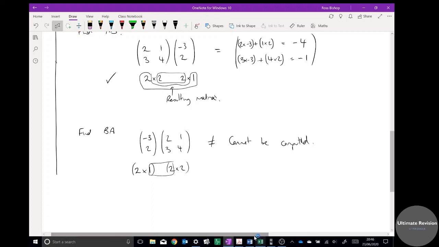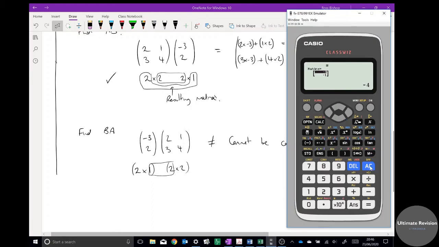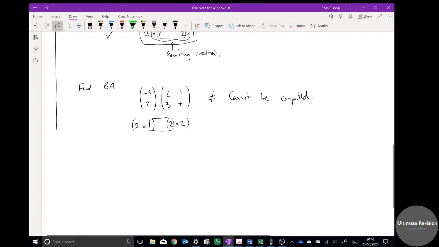And again, if we check on our calculator, I clear that. If I do Mat B multiplied by Mat A, maths error, dimension error. There you go, so it cannot be done.